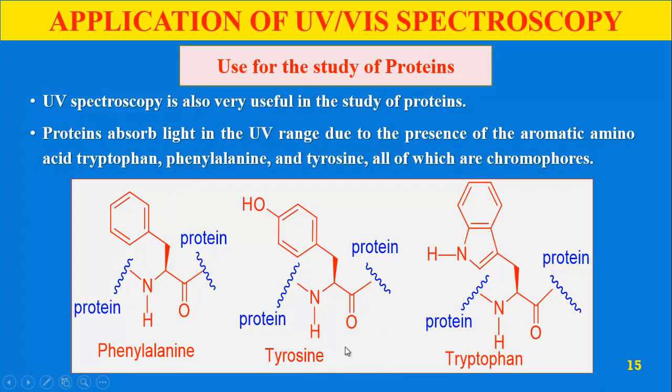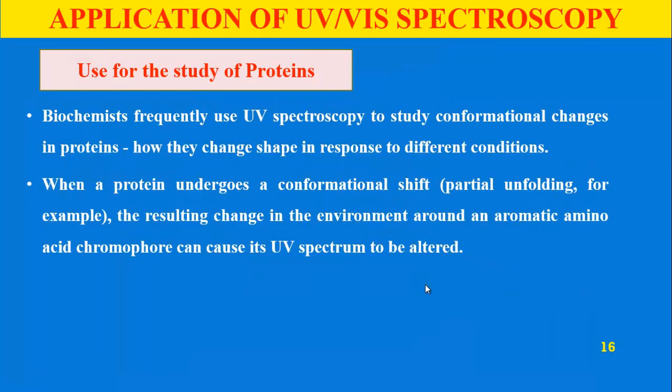This is the basic nucleus of the protein containing peptide bonds. And here we have a benzene ring, then phenol, and then heterocyclic tryptophan. So they have different chromophores, so they absorb at different wavelengths.